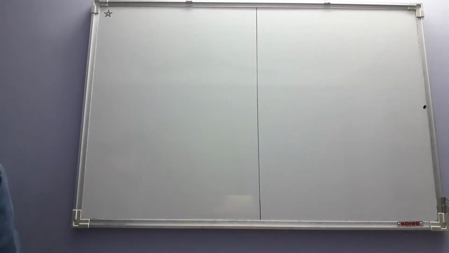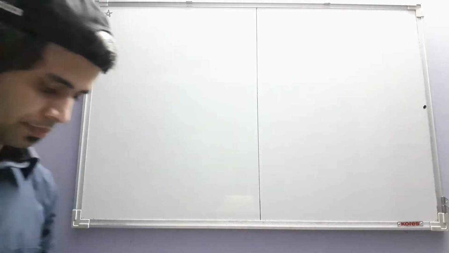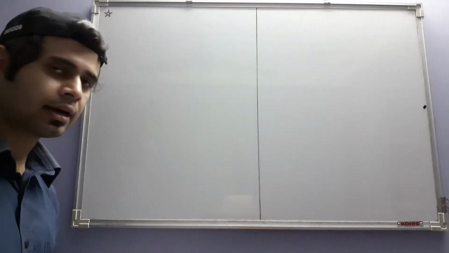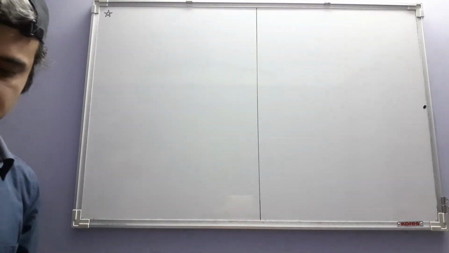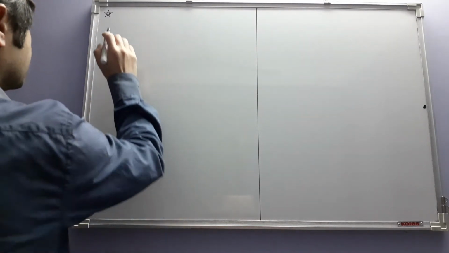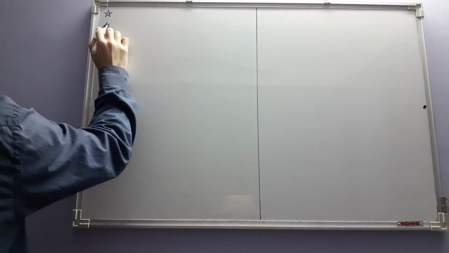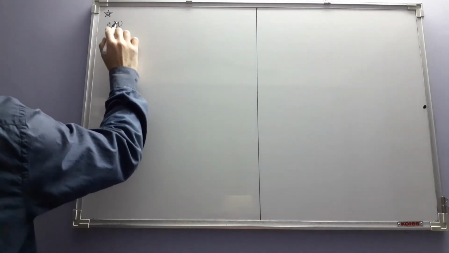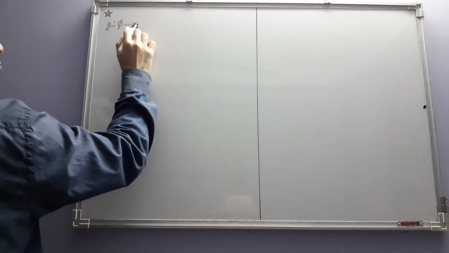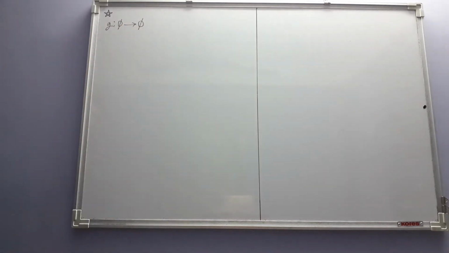Okay, so let us start from where we left off yesterday. So actually we were solving the third exercise and we were trying to show that this function is onto, surjective.